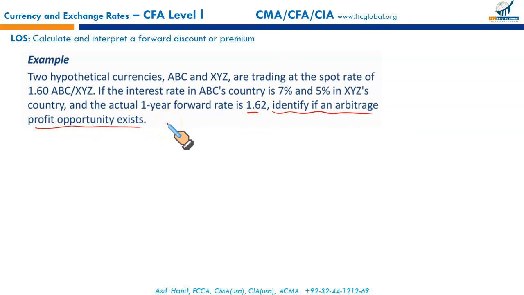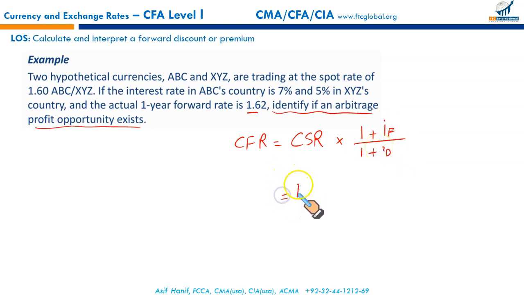So let us first apply the formula we just learned. Current forward rate is equal to current spot rate multiplied by 1 plus foreign interest rate over 1 plus domestic interest rate. Now plug in the numbers. Current spot is 1.60. Foreign rate is 7%, that is 1.07, and the domestic is 5%, 1.05.